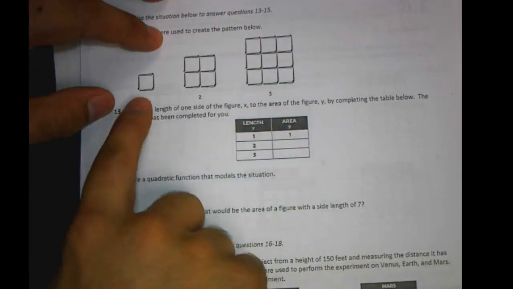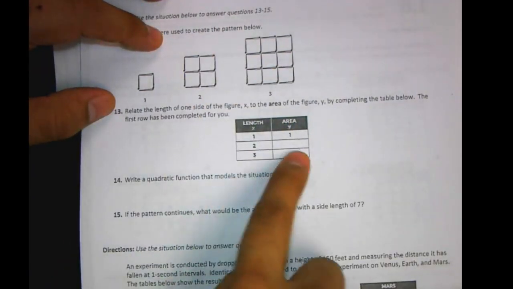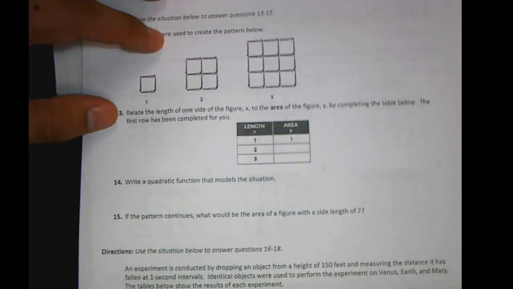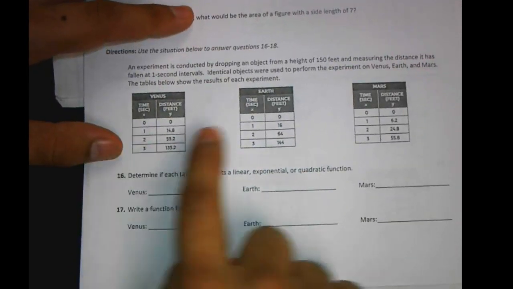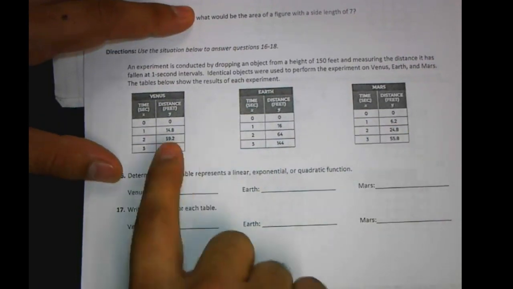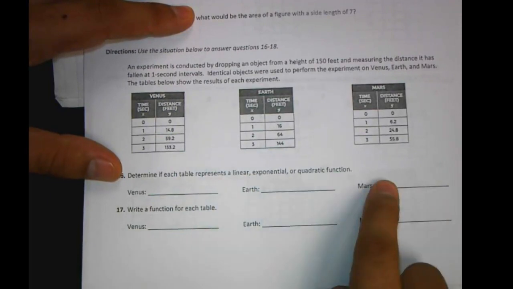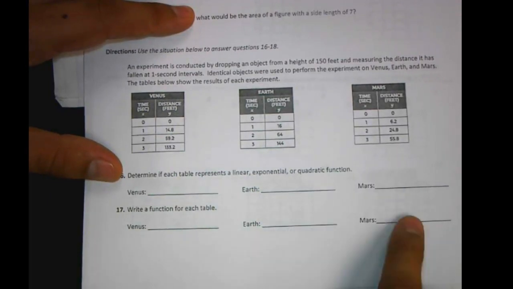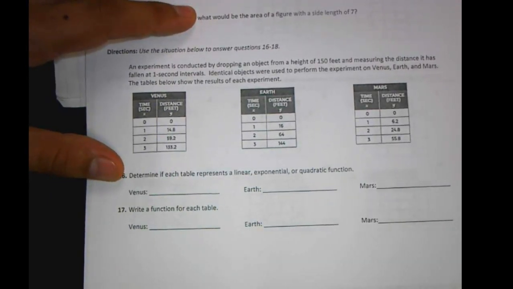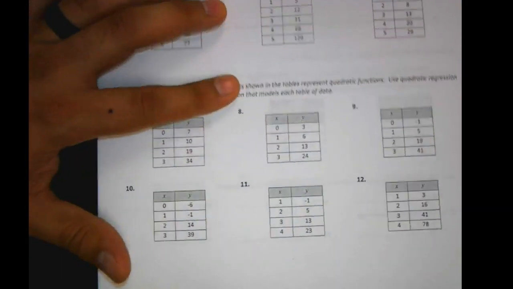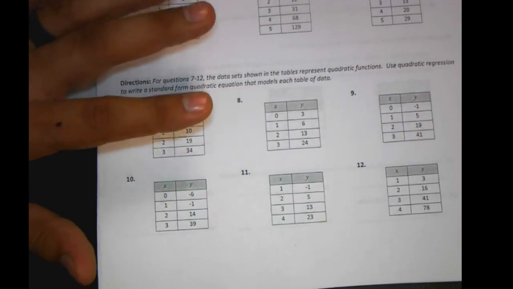Now, use this picture to fill out this table with area. Answer these questions. And at the bottom, these 3 tables, you're going to tell me, just like the front, are they linear, exponential, or quadratic? And then give me the function using menu 4.1, whatever it is, okay? So you can do this, and I'm going to give you time to work on it now. Let's get started.